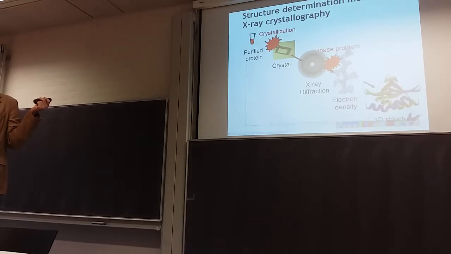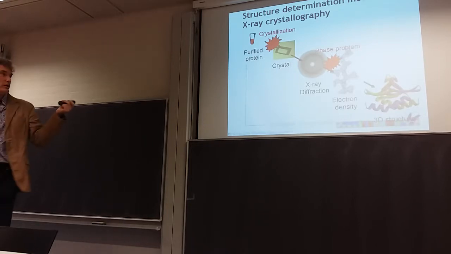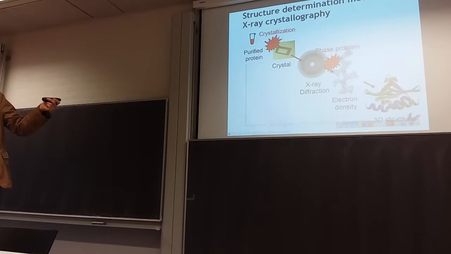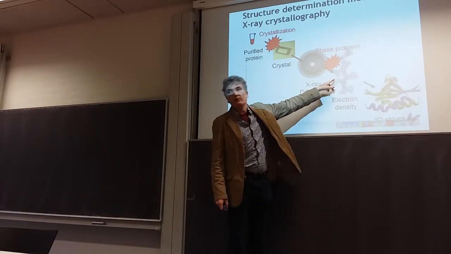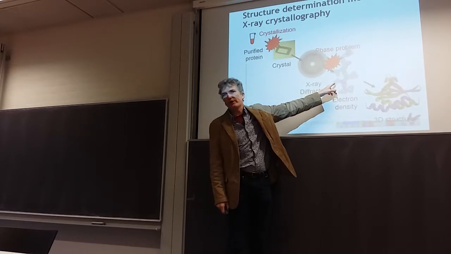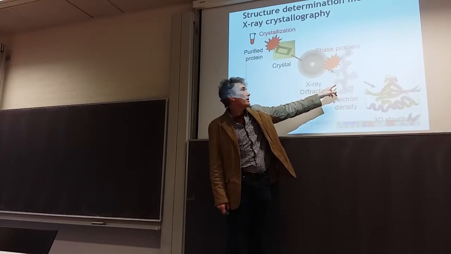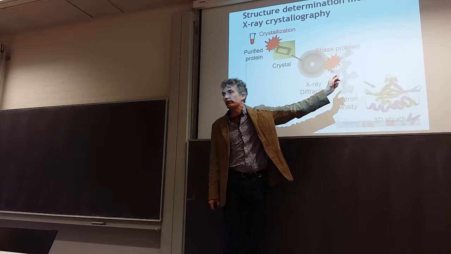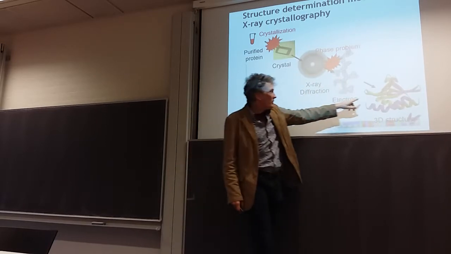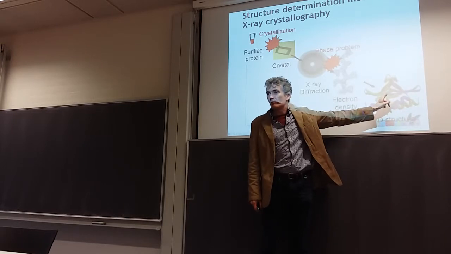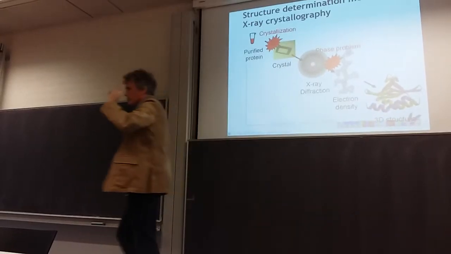So you cannot look at a diffraction pattern and say, I know where this carbon is going to be. The electron density is closer, because each of these blobs is going to be an atom, or maybe two atoms, or maybe an atom and a half, because the other half of the atom is not quite well visible. But this is the data that we typically work with. It's not experimental data. That's important too.